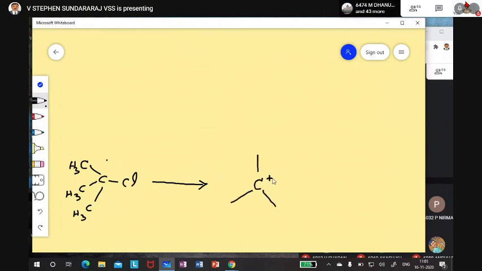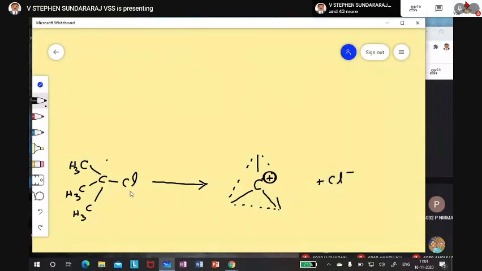It will become sp2 hybridized and planar. Understand this clearly, because using this only I will also explain the stereochemistry. Planar plus Cl minus. The OH has to wait because it cannot attack from any side.